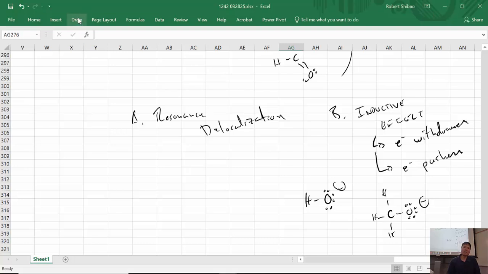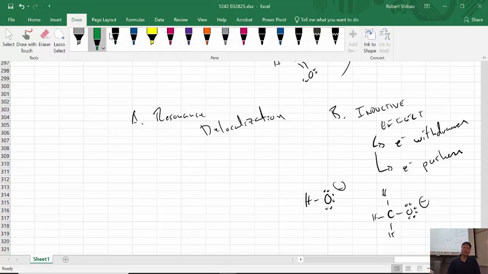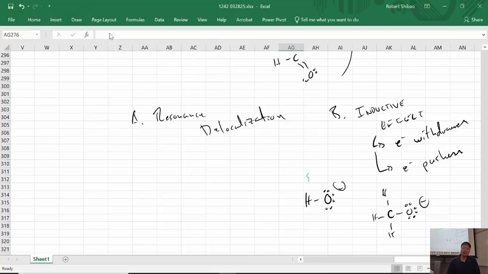Carbon and hydrogen have about the same electronegativity. The electronegativity of hydrogen is 2.1, and the electronegativity of carbon is 2.4 or 2.5. I don't remember, because some books have it at 2.4, some books have it at 2.5.